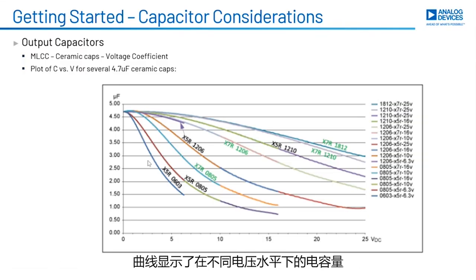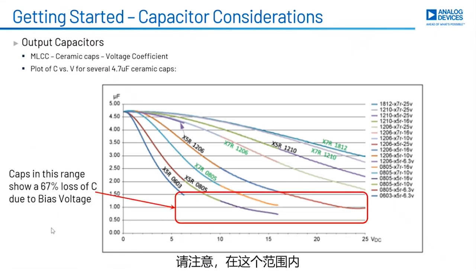And the curves show how much capacitance you'll get at these different voltage levels. And note that the caps down in this range, they start off at 4.7 microfarads with no bias. But when you get up to 5 or 10 volts, you may have less than 20% of the original capacitance.